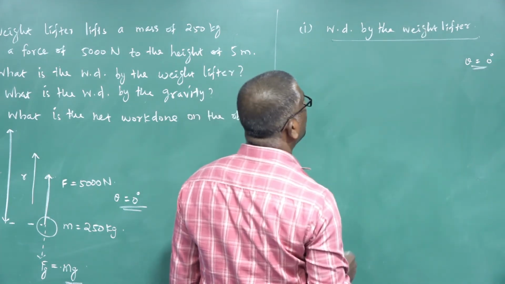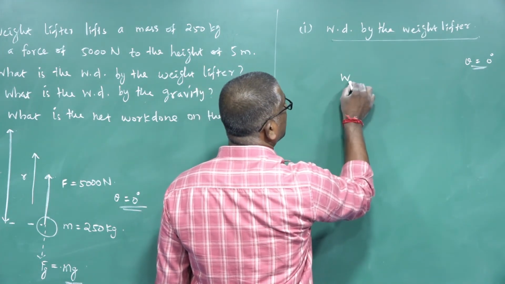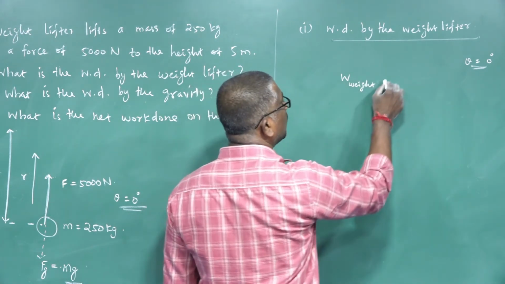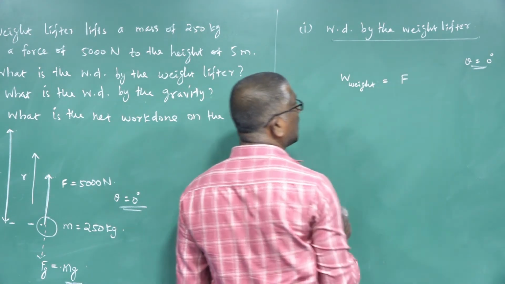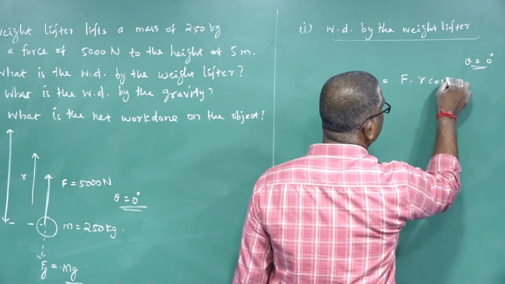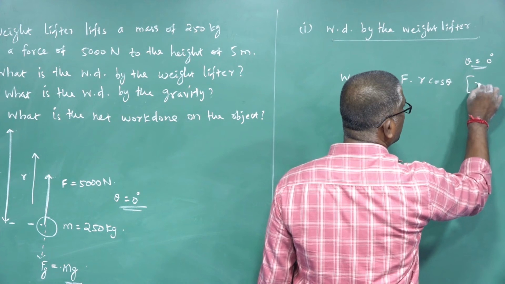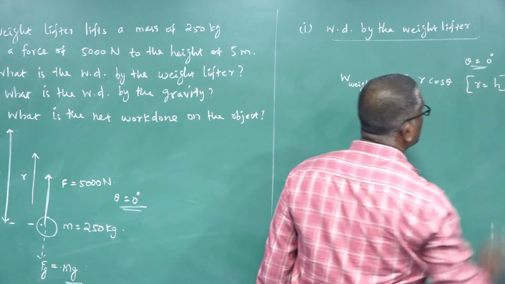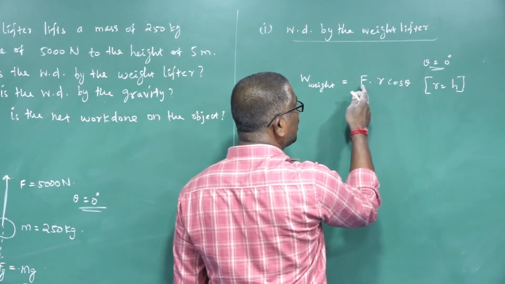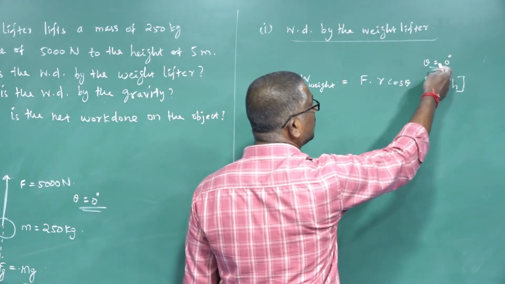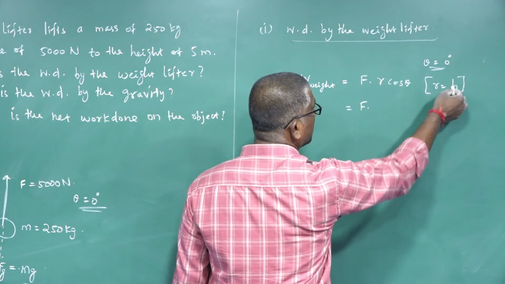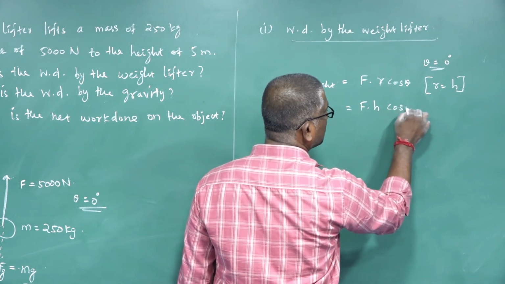Work done by the weightlifter is taken as W suffix weight, which is equal to force applied by the weightlifter, F, and displacement R into cos theta. Here the displacement is equal to the height, so R is taken as H. And theta is the angle between force and the displacement, which is 0 degree. So F into H into cos 0 degree.